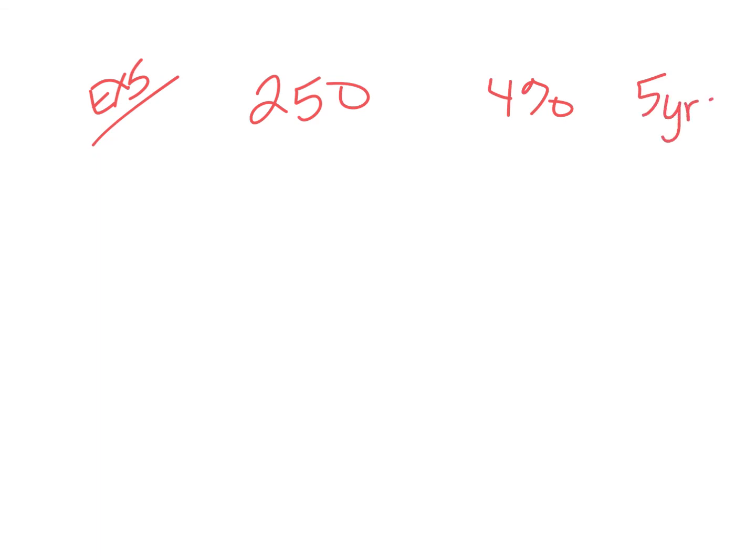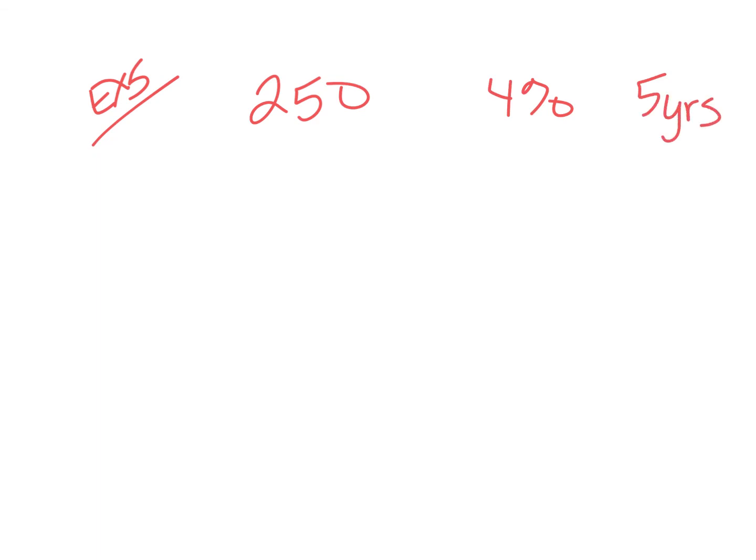So, example 5. You put $250 in savings that earns 4% compound interest annually, so yearly, and you don't make any deposits or withdrawals. How much will you have at the end of 5 years?